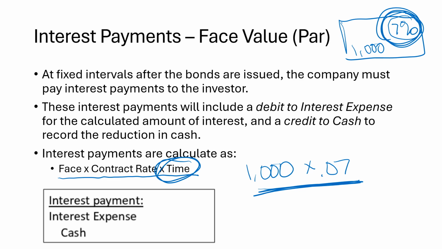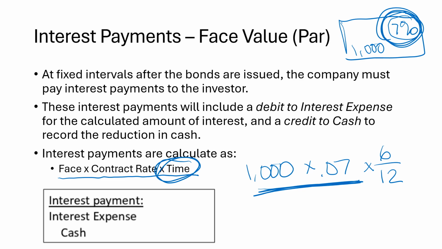They might make interest payments semi-annually, or every 6 months. In that case, for the time period you would put 6 months over 12 months, which is just a way to prorate it. That's how you would calculate the interest expense.